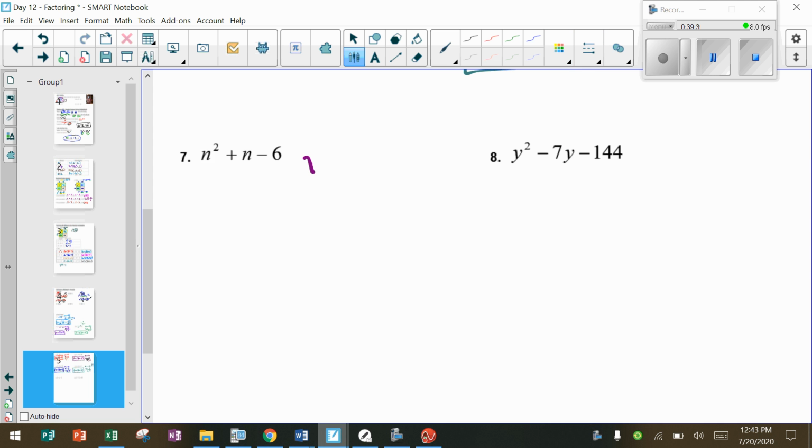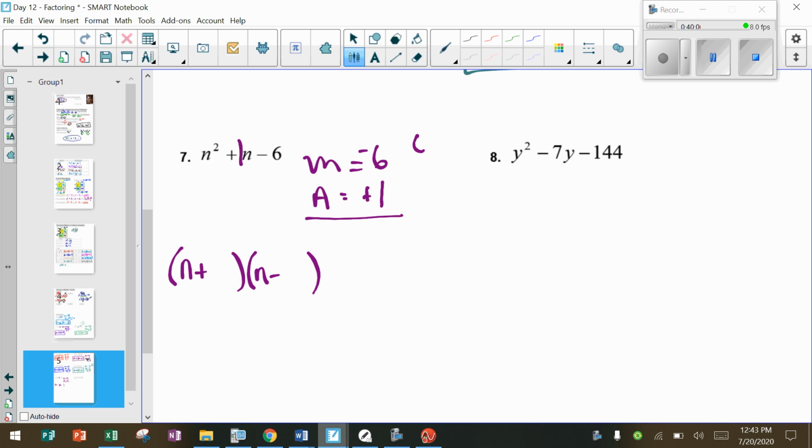So what multiplies to be negative 6 and adds to be, in this case, a positive 1? Since our numbers have to multiply to be a negative 6, I know already that one of them's positive, one of them's negative. The numbers that multiply to be 6 are 6 times 1, 3 times 2.